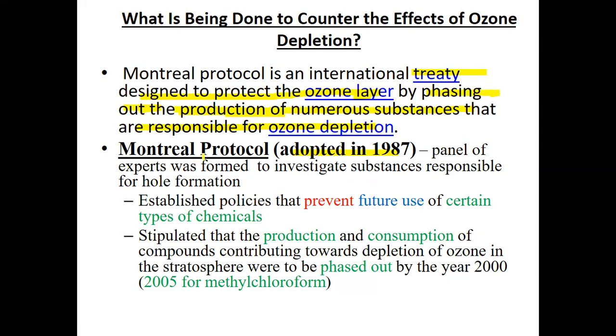According to the Montreal Protocol, policies were established that prevent future use of certain chemicals. It stipulated that the production and consumption of compounds contributing to depletion of ozone in the stratosphere were to be phased out by the year 2000. For methyl chloroform, it was phased out by 2005.